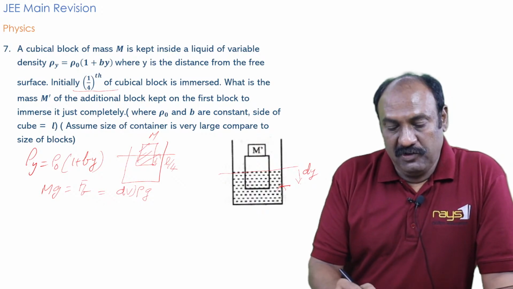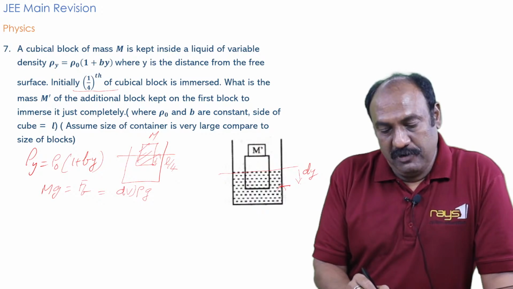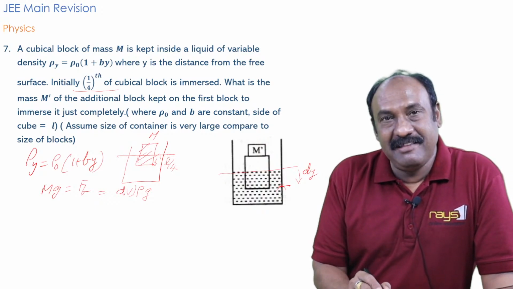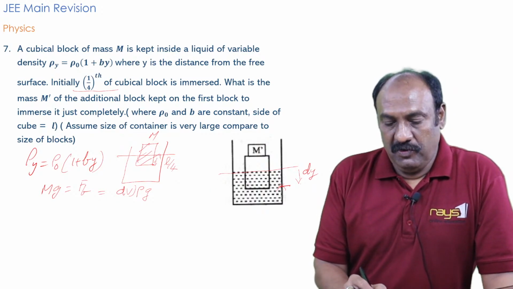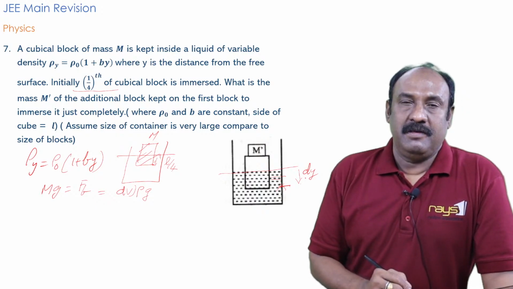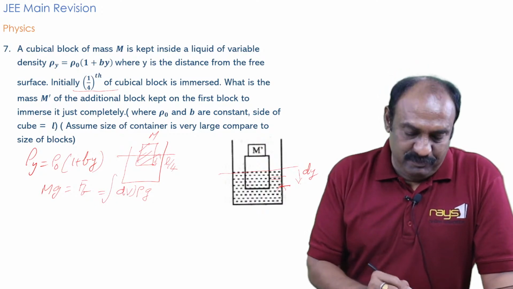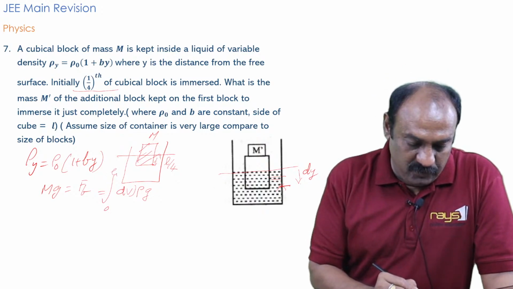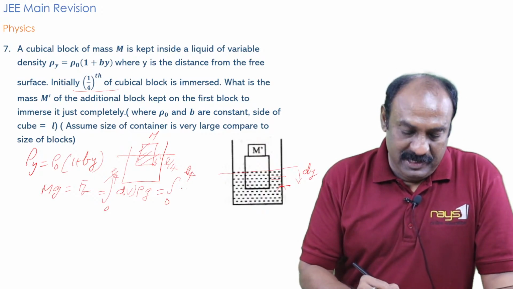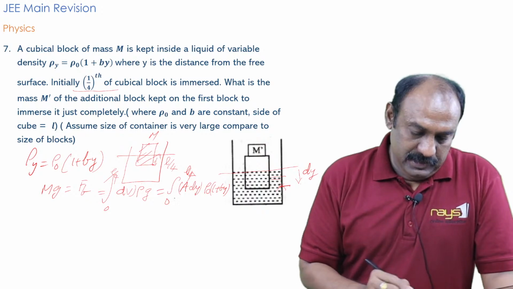The total buoyant force over the L/4 portion of the block is obtained by integrating the buoyant force due to this elemental strip within the limits 0 to L/4: integral of A dy into ρ₀(1 + by) into g.